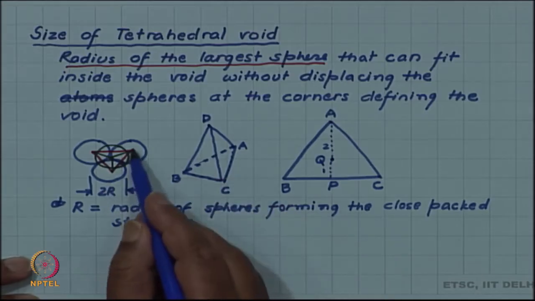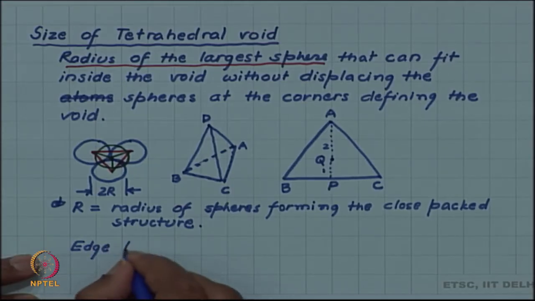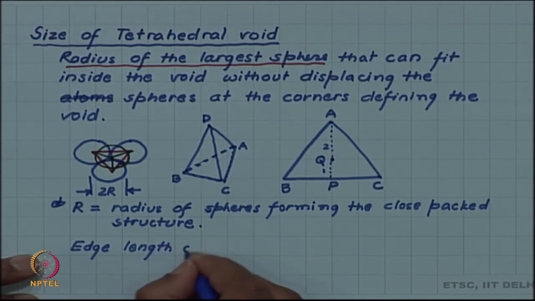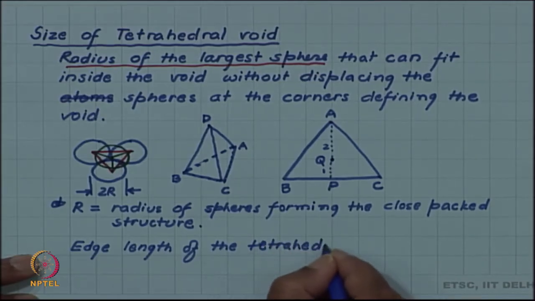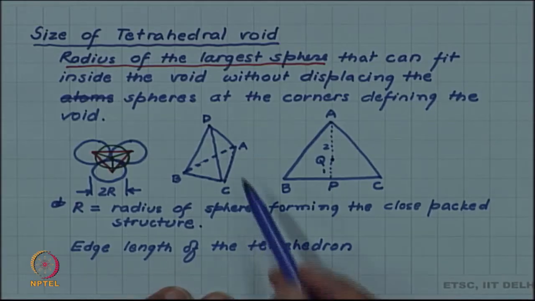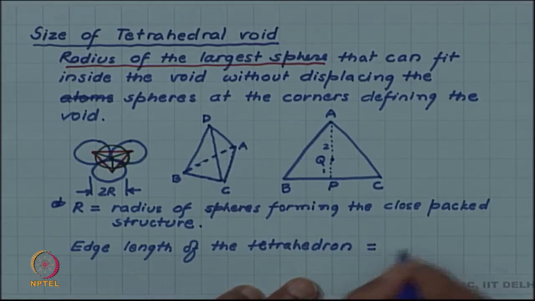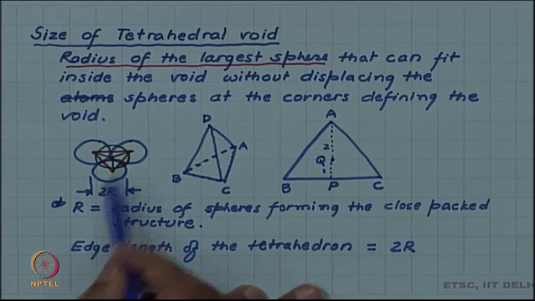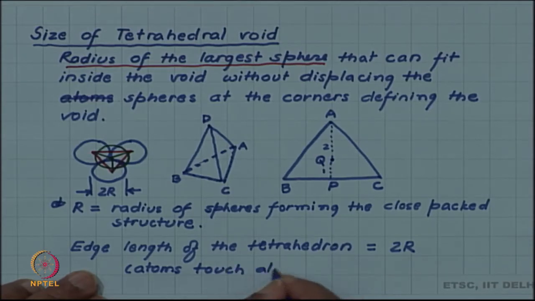So, the edge length of the tetrahedron, that is AB, BC, CA or AD, any of these edge lengths of the tetrahedron is equal to 2r, because atoms touch along the edges.